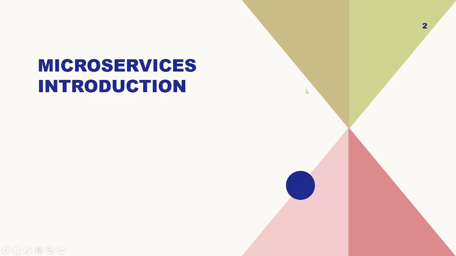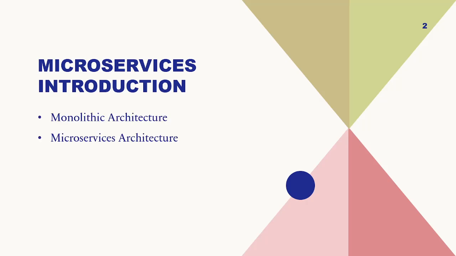So first, what is microservice? Let's start with the basics. When we talk about software architecture, there are generally two main types that stand out, which are monolith architecture and microservice architecture. Monolith architecture is an old architecture which was used before microservice architecture.